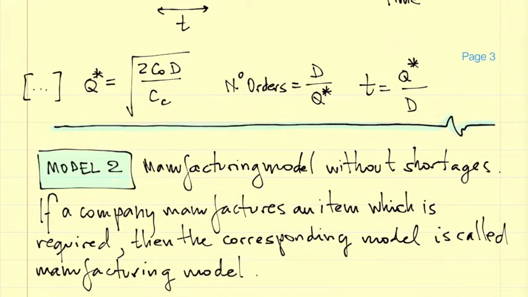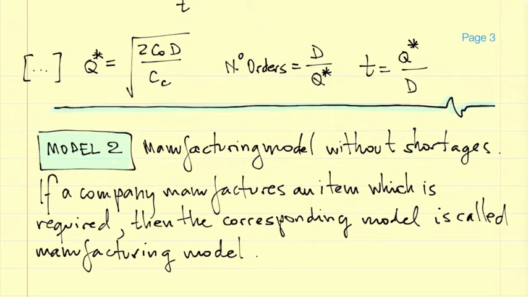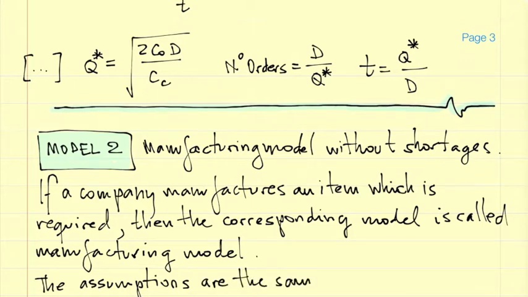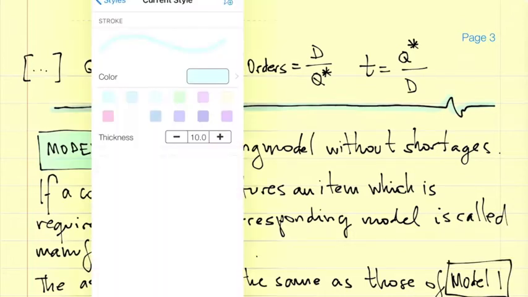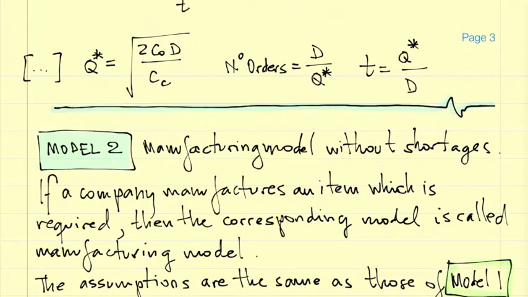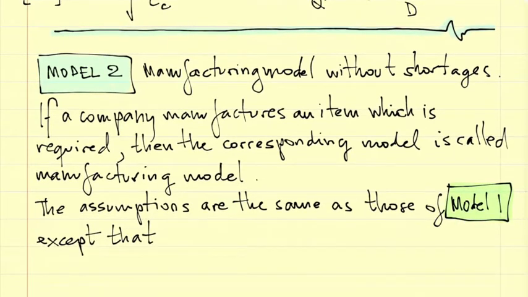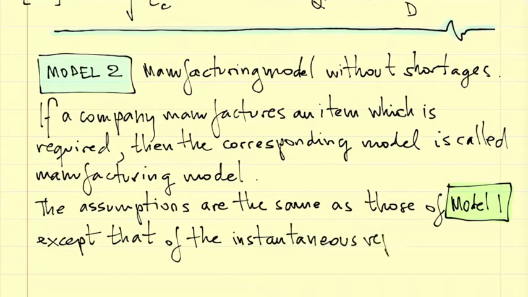This is the case that we make, okay? Here the assumptions are the same as those of model 1, except that of the instantaneous replenishment.